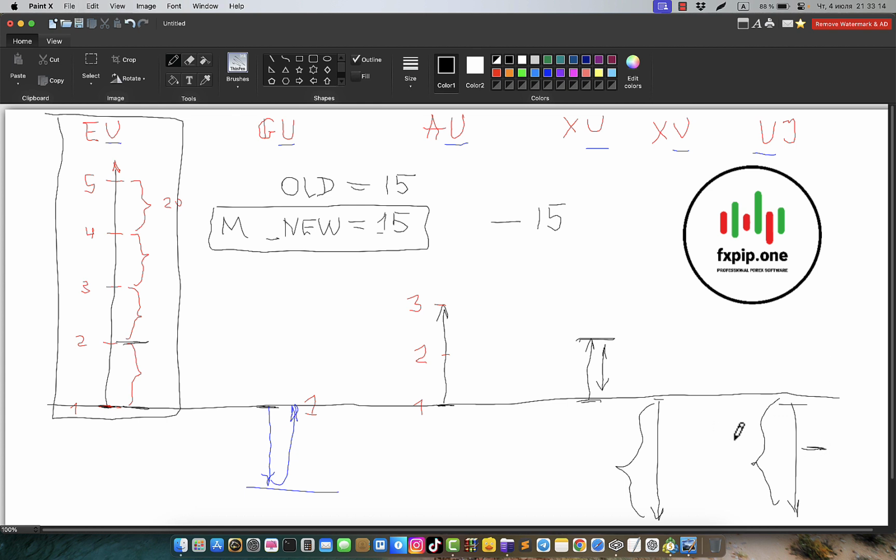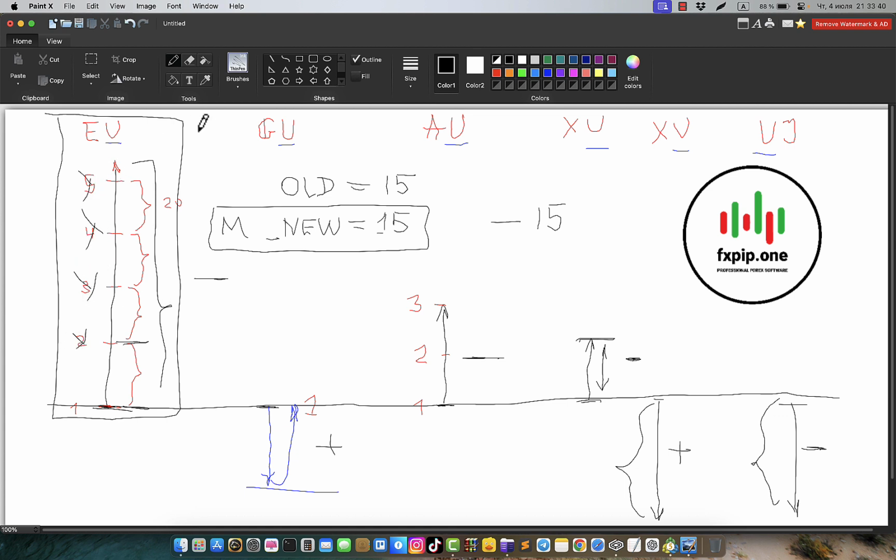That's minus, that's plus, because of USD here. There is minus, there is minus, there is plus, there is minus. We take all, okay? For example, we open it and the price jumps and there are no orders here.